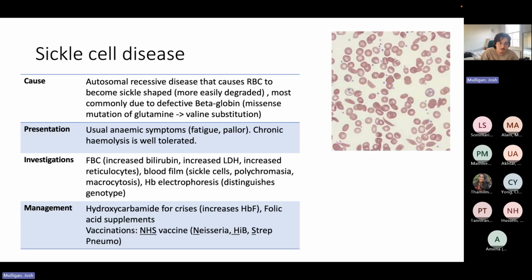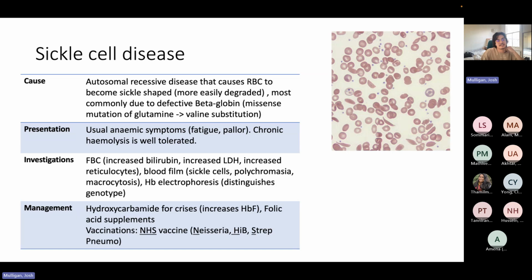So yeah, sickle cell disease, as you might well know, is an autosomal recessive disease. It's caused by a defective beta hemoglobin. It can cause an anemia, and there are several complications like acute chest syndrome or crises.